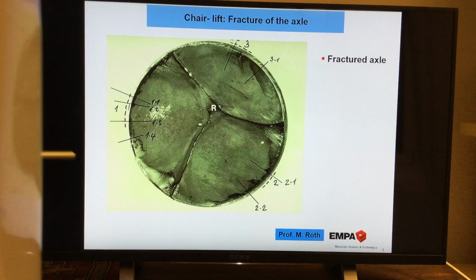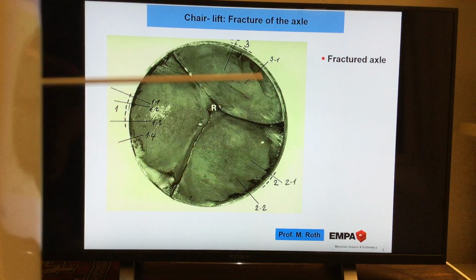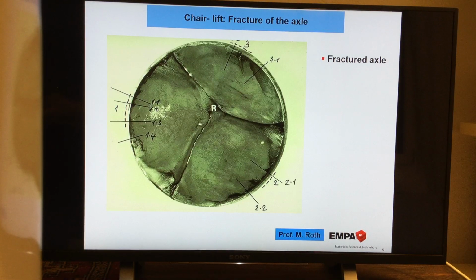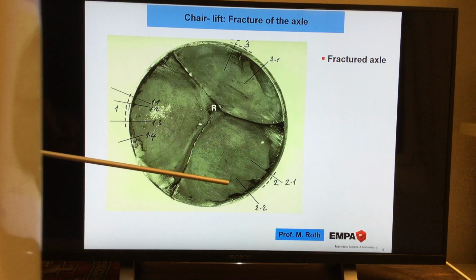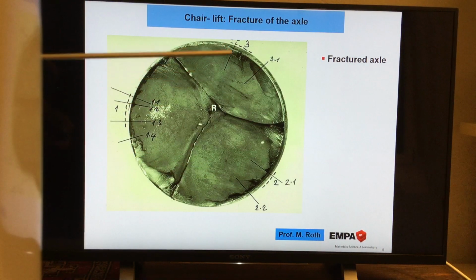When you follow them, they show us half-elliptical lines in the middle of these zones, so there is most probably in this area the crack initiation site. And this holds also for here and here. So what we can already keep in mind is that we have here 3 fatigue cracks growing slowly together during service, during about 1 year.